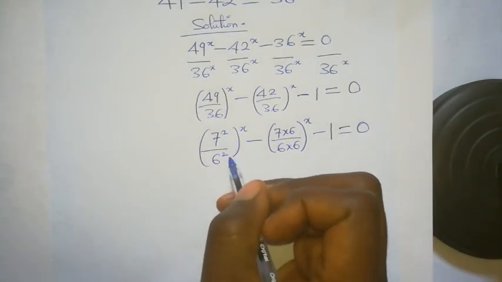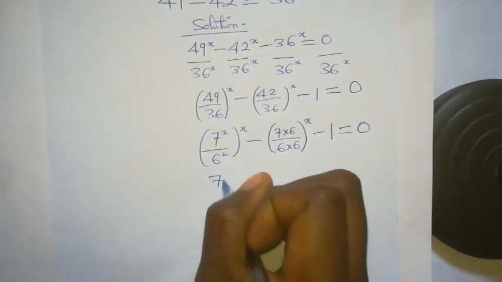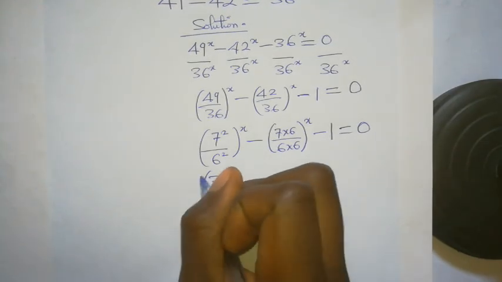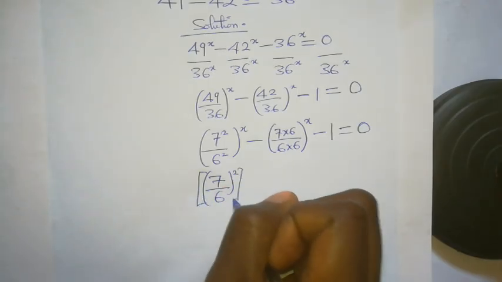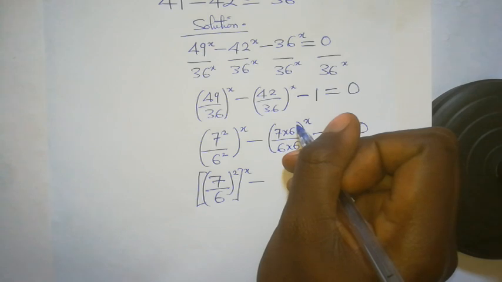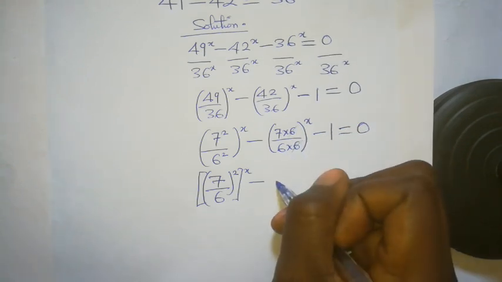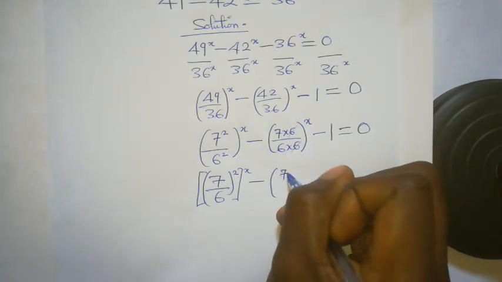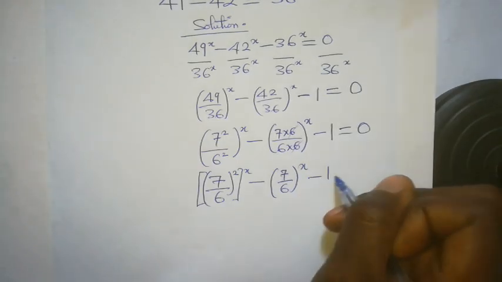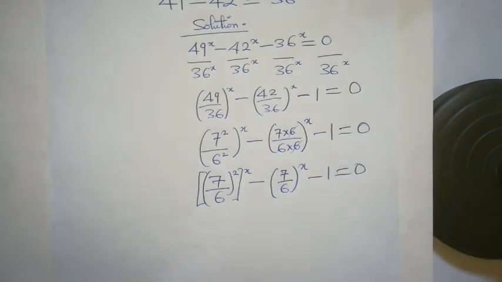Since both the powers are 2, it can be 7 over 6 all to the power of 2, everything to the power of x, minus, the 6 here will cancel one of the 6, so we are left with 7 over 6 all to the power of x, minus 1 equals 0.